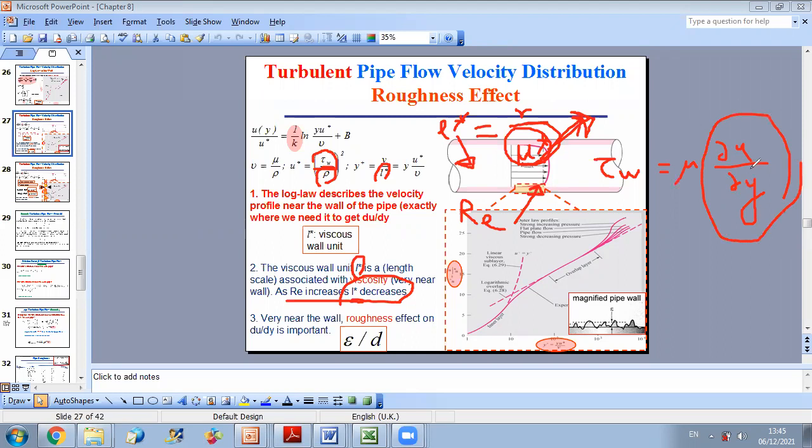You will not have a very smooth variation, because when you have inertia force dominance, you have very large velocities. This will tend to vary U in a fast way, and if U is varying in a fast way, this will lead to a reduction of the value of L star, and then the viscous effect will be less dominant. Inertia effect will overcome viscous effect.